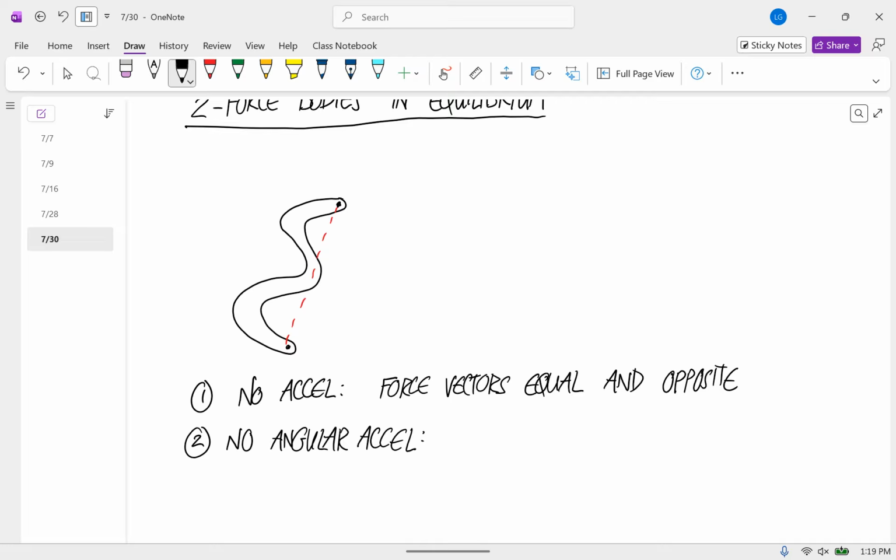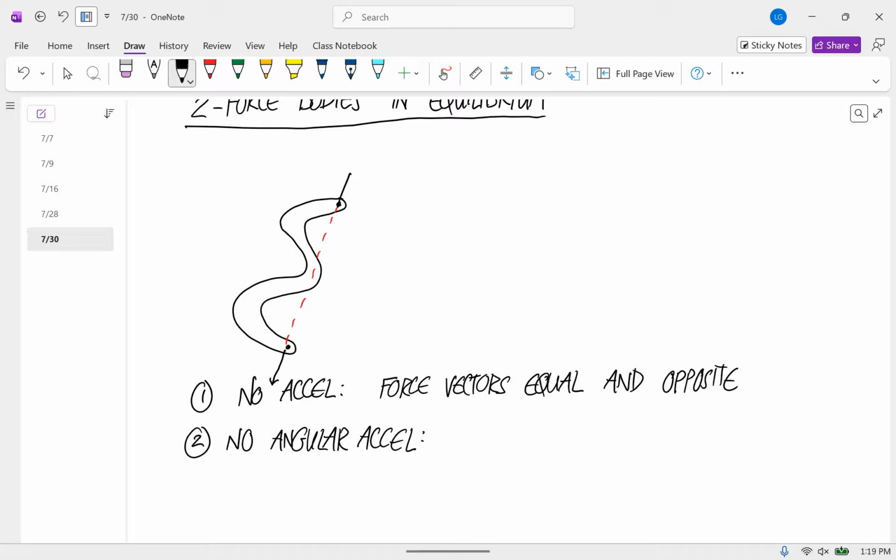It can happen if they're opposite each other, going away from each other like this. Or it can happen if they are pointing towards each other along that same line like this. Those are the only two possibilities.